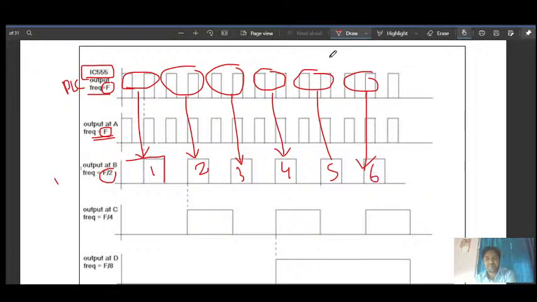So here we have 12 pulses, but at the output side we are getting 6 pulses.